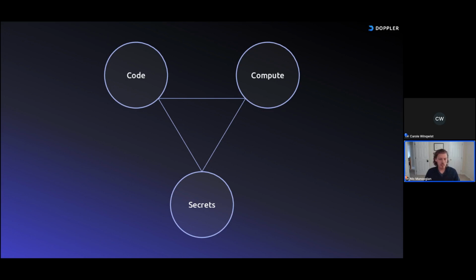And I want you to take a minute to think about how your org deals with workflow around each of these components. For code, we've got really mature processes as an industry for managing changes to our code, right? We've got like at the base layer, Git, right? That's tracking absolutely everything. You've got the whole repository is just a series of diffs stacked on top of each other, right?